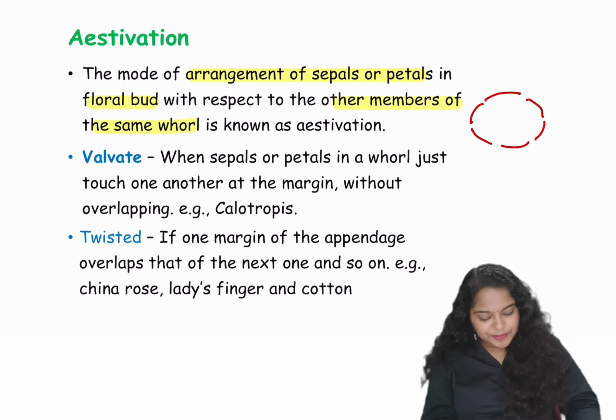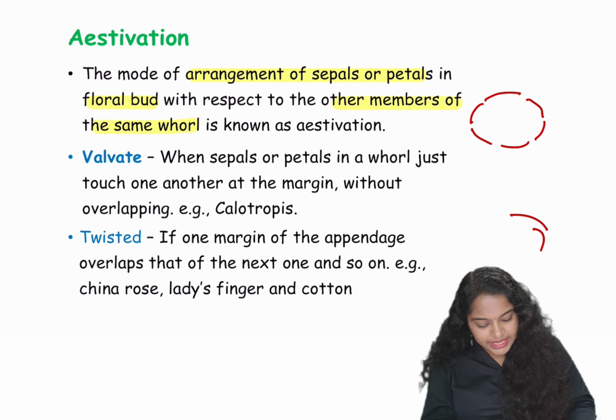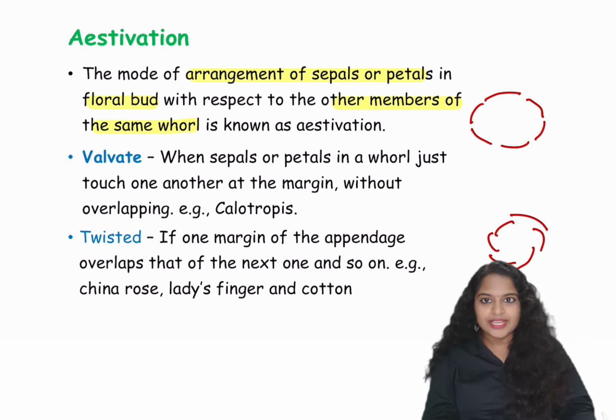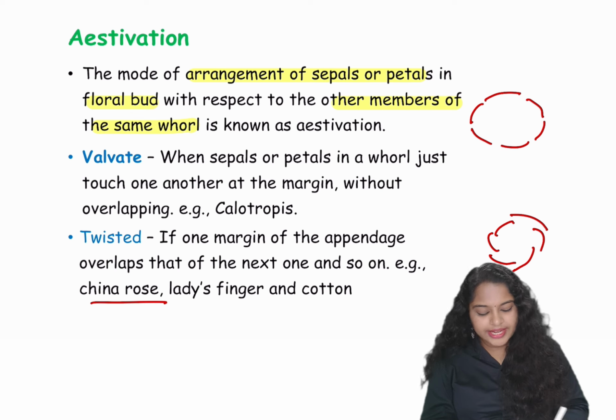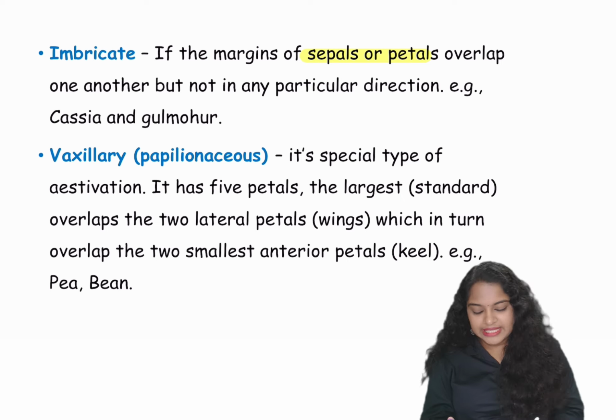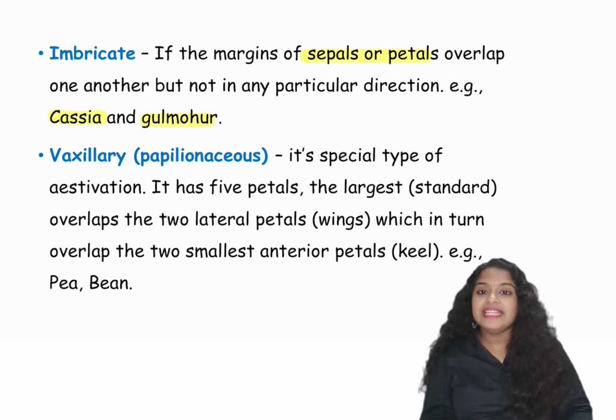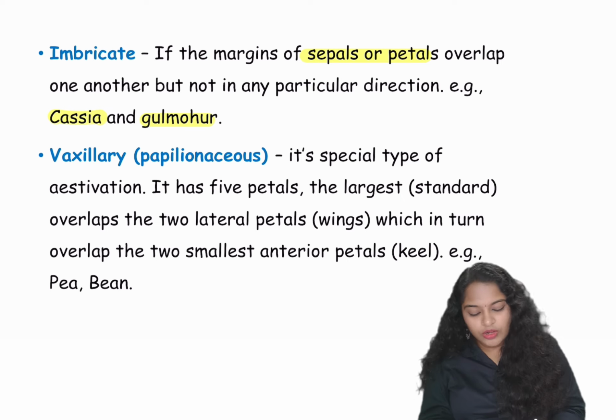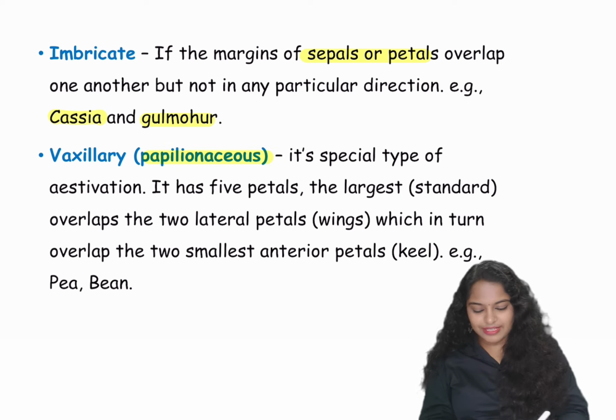Next is twisted. If one margin of the appendage overlaps the next one and so on, like this, it is called twisted estivation, found in China rose, ladyfinger and cotton. Imbricate estivation: here the margins of sepals and petals overlap, but not in a particular order, for example in Cassia and Gulmohar. Next is vexillary estivation, also called papilionaceous estivation.